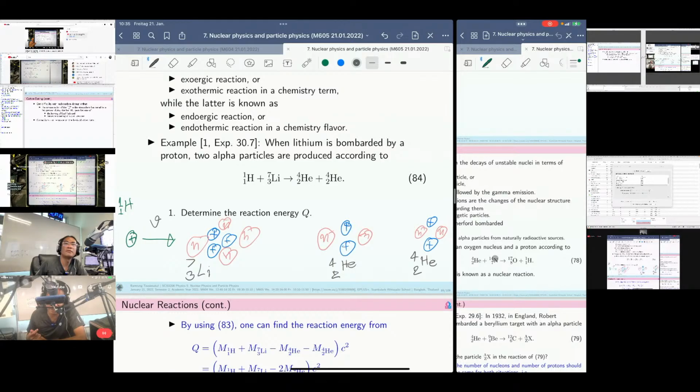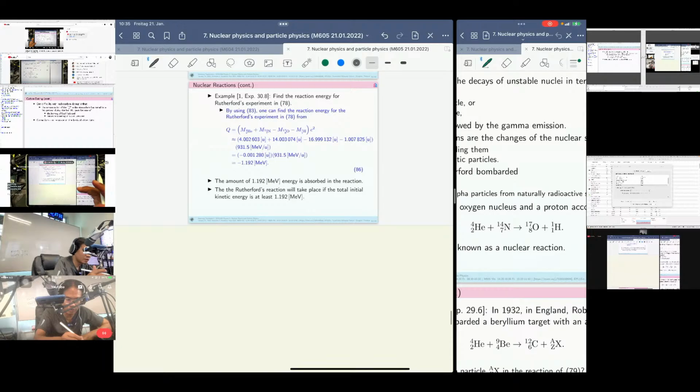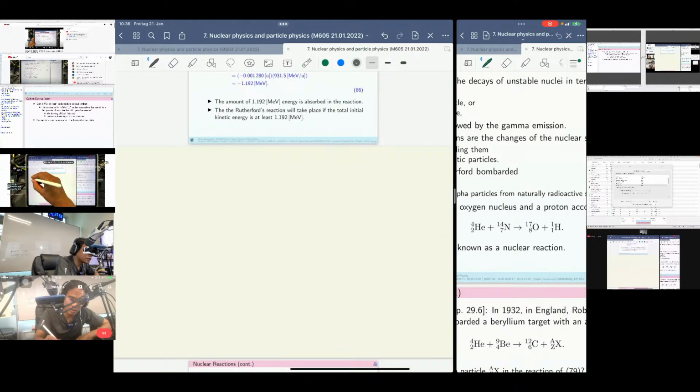In the Rutherford experiment, he has an alpha particle, which is helium 4, 2, with 2 protons and 2 neutrons, and this alpha particle is accelerated with speed v.